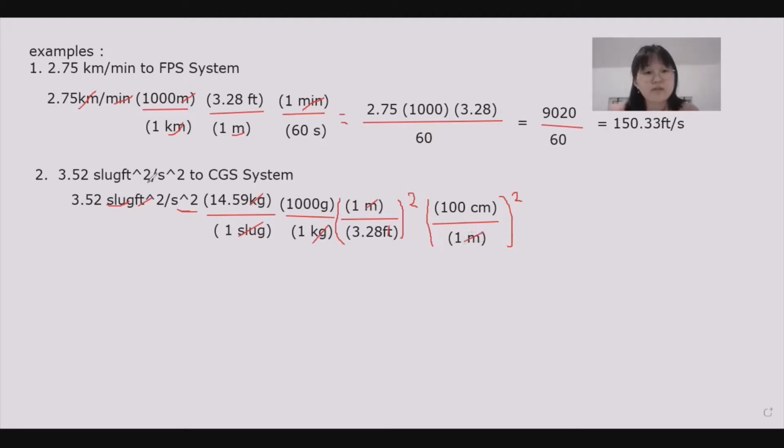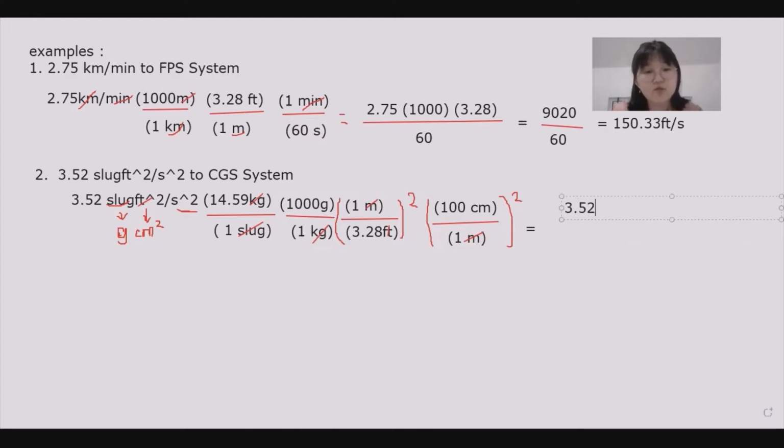So what we need is this will be changed into gram, and this will change into centimeter square. So we times it first.